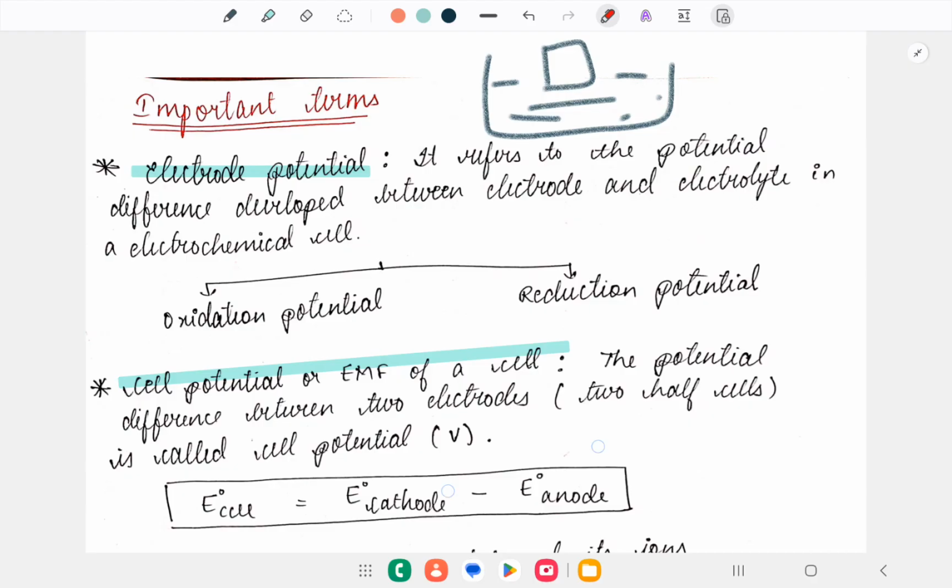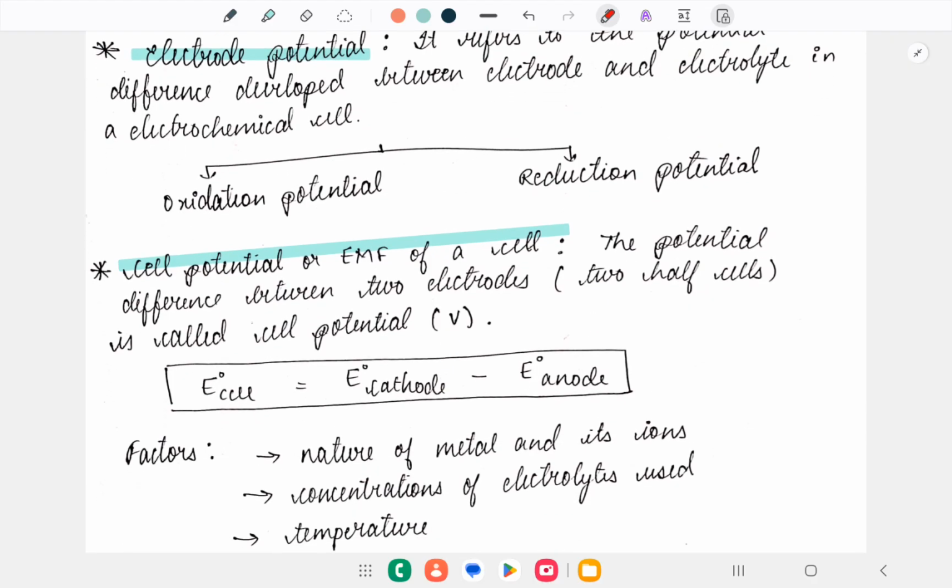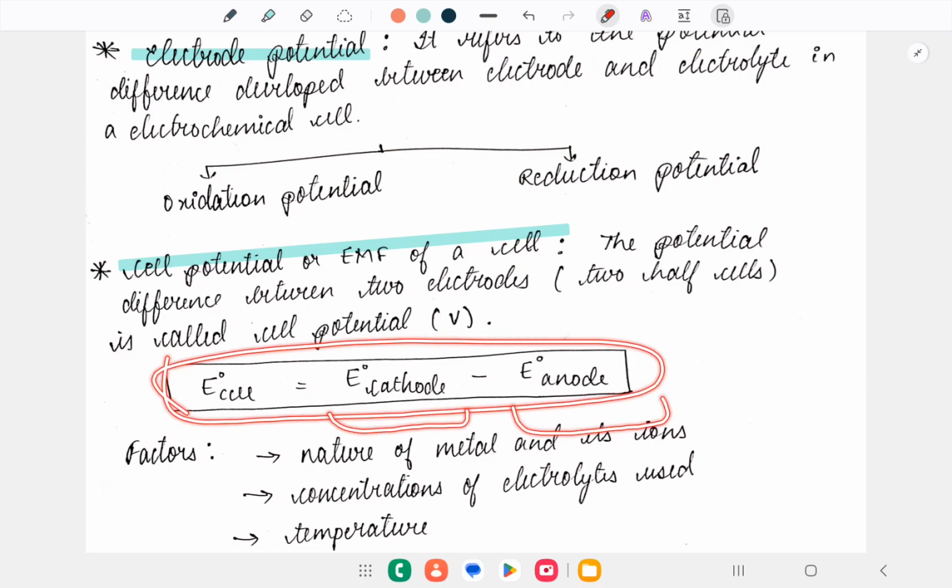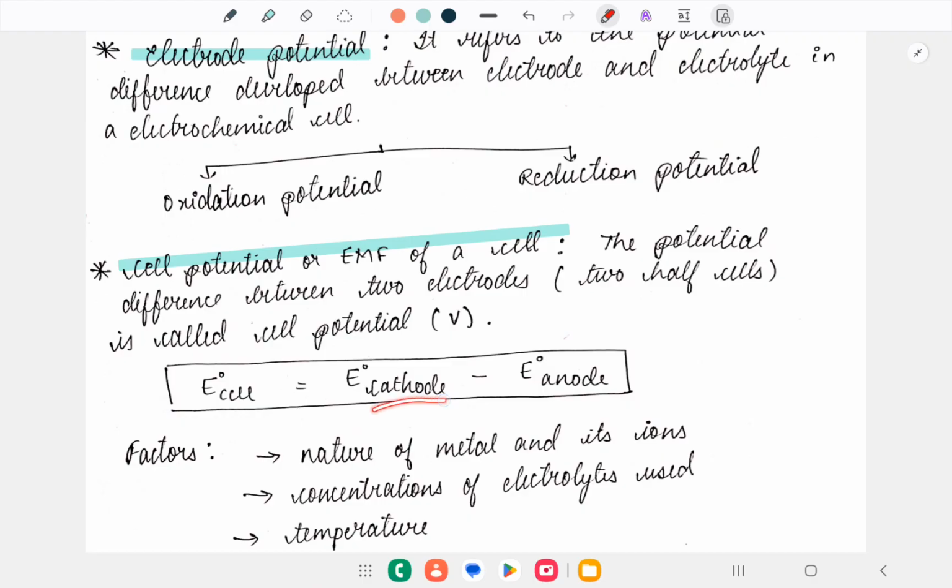Moving to the next one, that is cell potential. The cell potential is the potential difference between two electrodes, that is the two half cells, and the formula is E naught of cell is equal to E naught of cathode minus E naught of anode. Here we can understand that at the cathode reduction will occur, and at the anode oxidation will occur.